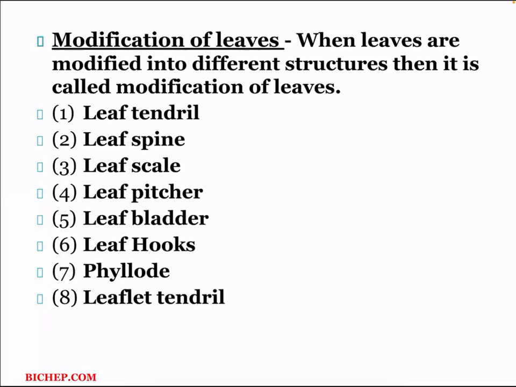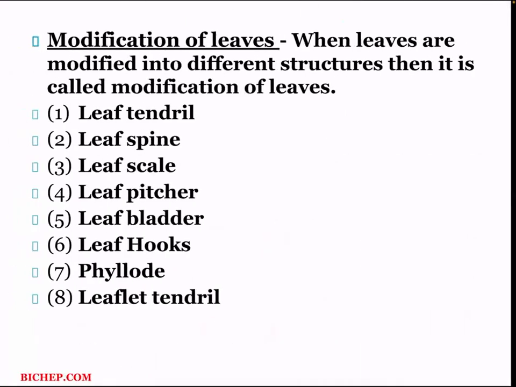So it is a modification either to get food, to protect themselves, to attack somebody, or to climb upward when they have a weak stem. Let us see each of the structures one by one. Please take the screenshot.